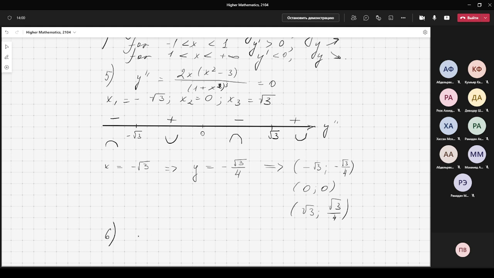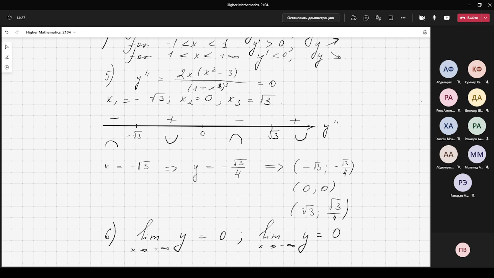For x approaching plus infinity, y approaches 0. For x approaching minus infinity, y approaches 0.